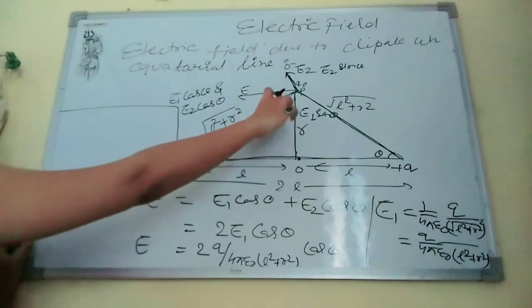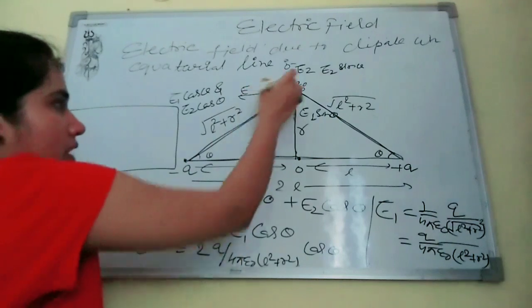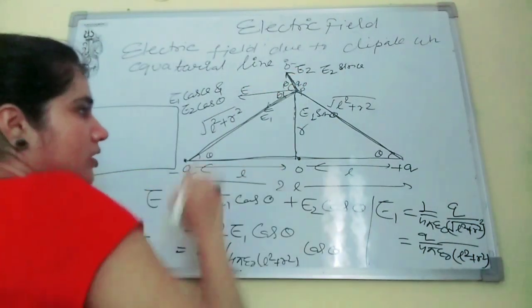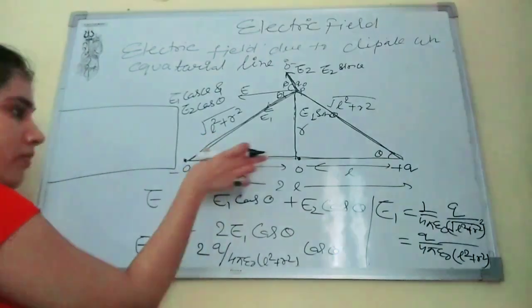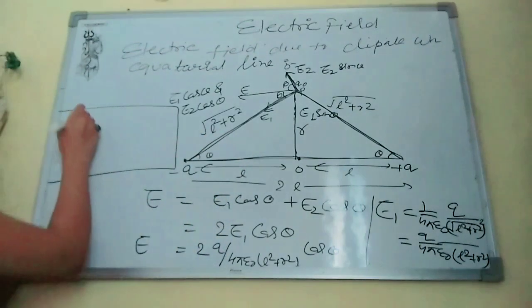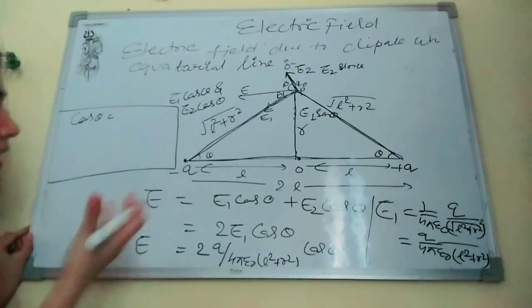This is a right angle triangle. If it is theta, so this will be theta, this will be theta because of this. So by this theorem we can find out the value of cos theta with the help of trigonometric concept.